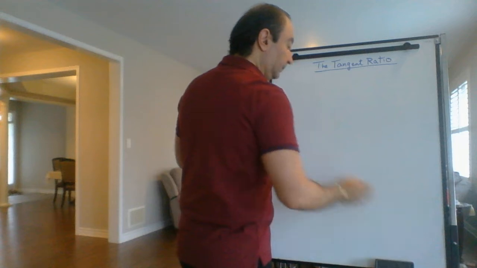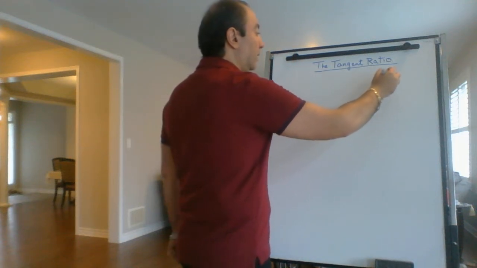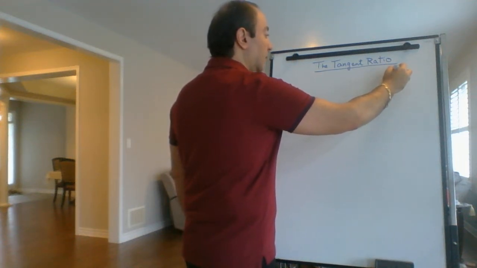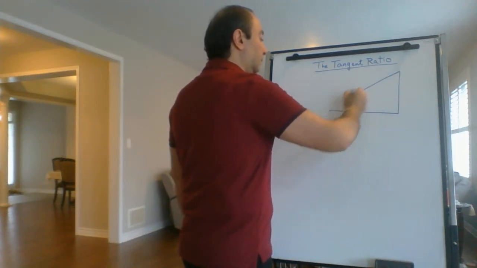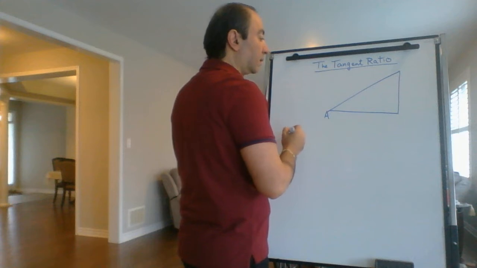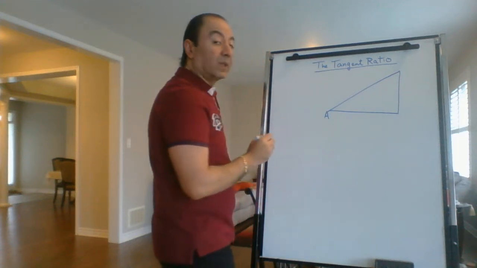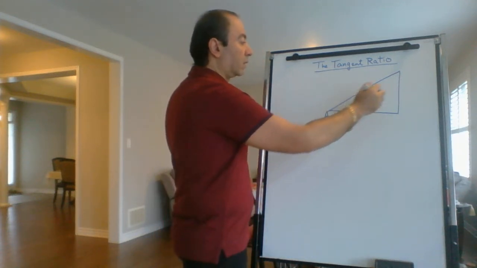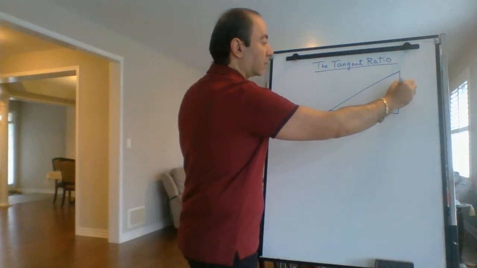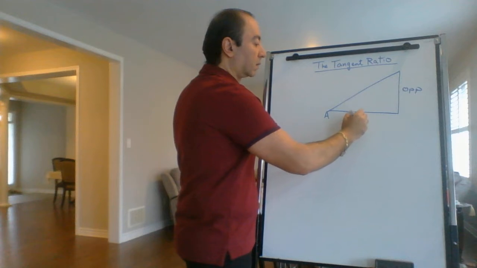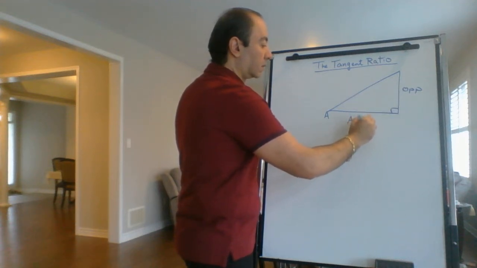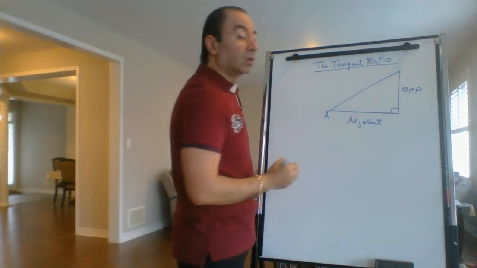So now, if we have a right triangle and this is angle A, the ratio of the opposite to the adjacent is called tangent.